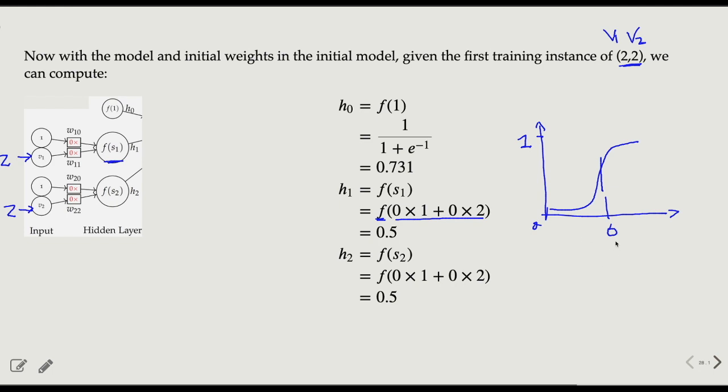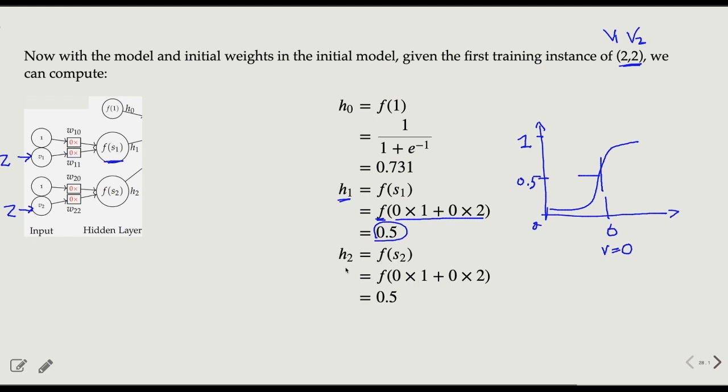So for the value that is 0, this is going to return 0.5. Okay, so that's what we get here for the sigmoid transformation. That becomes the value from the hidden node 1.